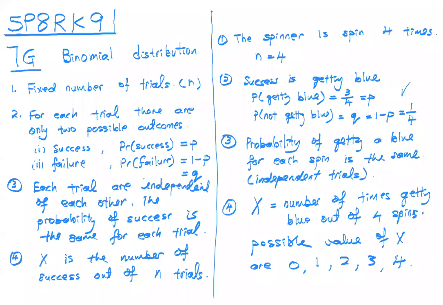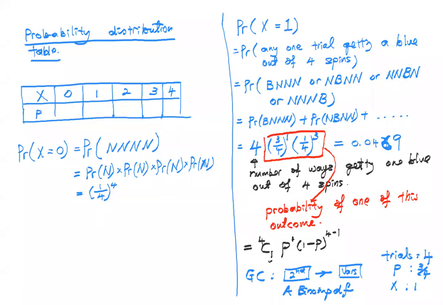So I'm going back to a general situation. Student, look here. Every time when we get a binomial distribution, we will define our X. If it's a binomial distribution, we will put BIN.